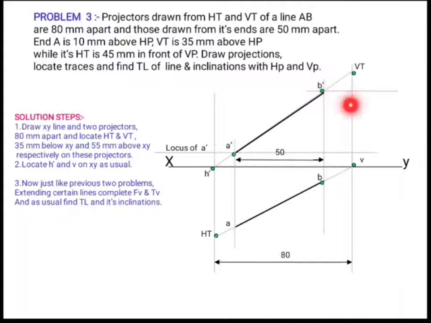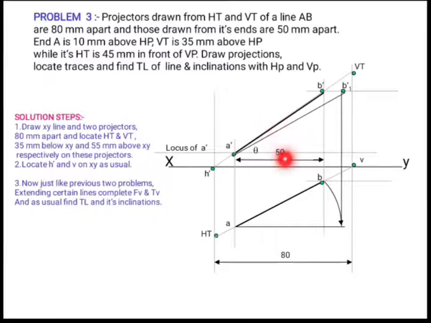By the line rotation method, we can find the true length and inclinations like this. Rotate the line and on the plan side, make it horizontal, project it upward and get the intersecting point B1 dash, and join B1 dash A dash.